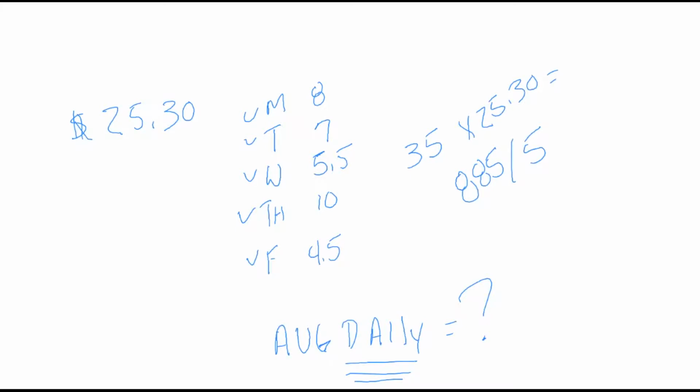This means that the number is multiplied by itself. So if you've got 5 to the second power, you're going to multiply that number by itself, 5 times 5, and that's going to give us 25. Notice that the number is not multiplied by 2, but it is multiplied by itself.